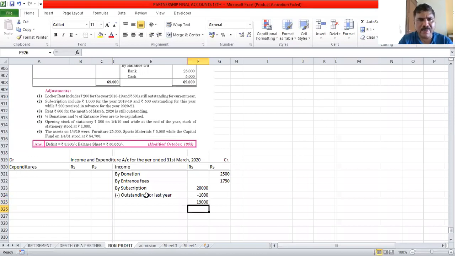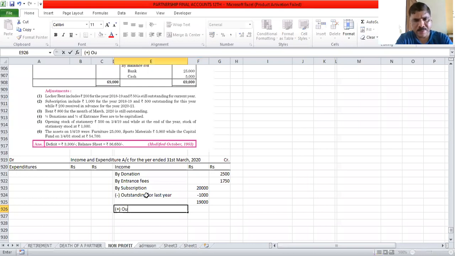Do you give the second effect of last year adjustment? No. Come to the next, continuity of that. And rupees 500 outstanding for this year. This year means current year. What should I do? Add, plus outstanding for current year.